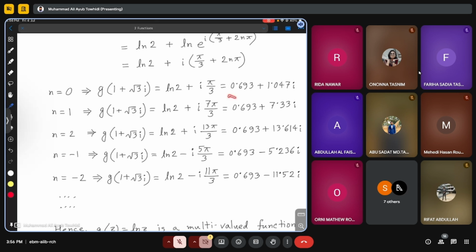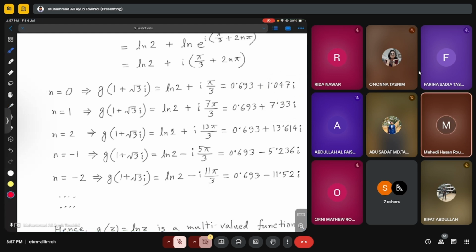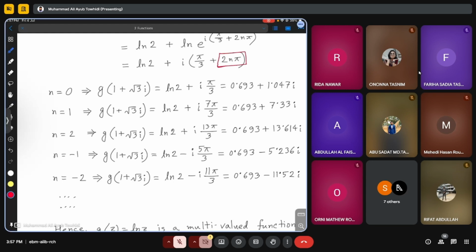Does it look like the same value? No, sir. No, it is not. It is not the same. See, when we use this 2n pi, say for example, pi by 3 plus 2 pi, their position is the same.